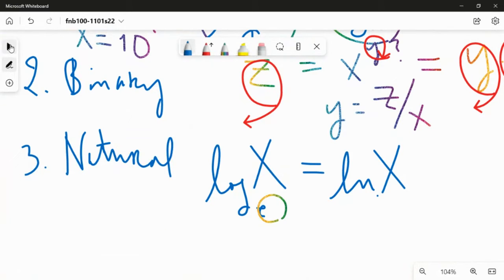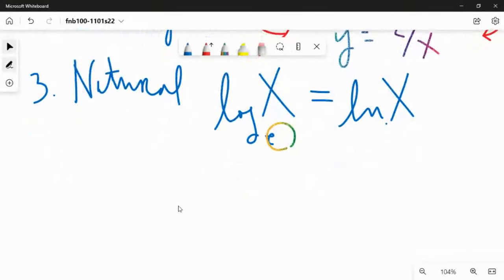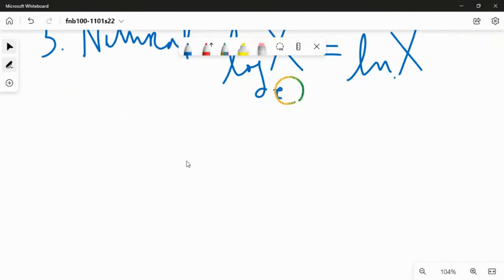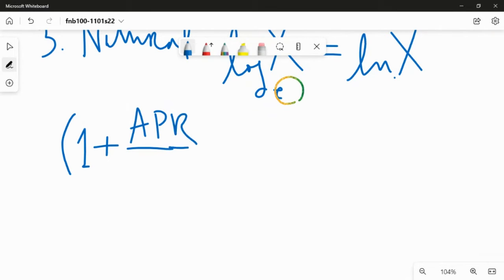So to explain what Euler's number is, suppose we have, let's say, we all know what this is, right? Right? We all know what this is.